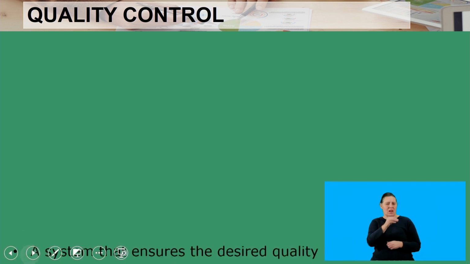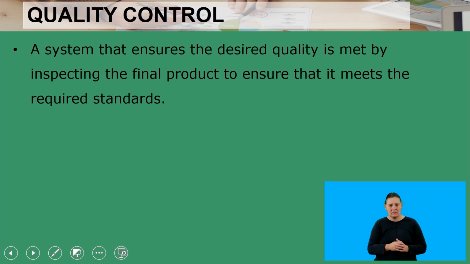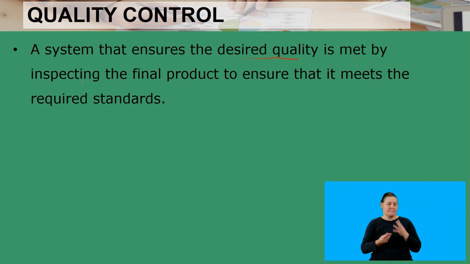Then we move now into the first quality concept, which is quality control. What do we mean by quality control? This refers to a system that ensures that desired quality is met by inspecting the final product to ensure that it meets the required standard. So this is a process of inspecting the final product. What would happen is that the business is going to produce.